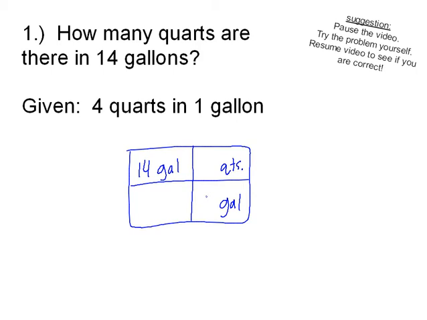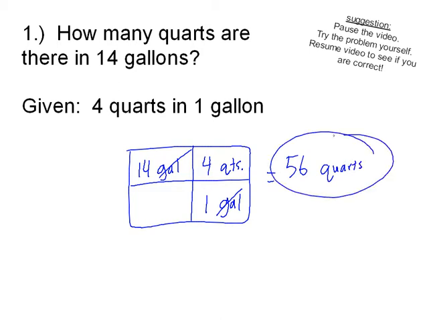What was my conversion? Well, 1 gallon gives you 4 quarts, so it turns out I can cancel out the gallons, and I'm just multiplying 14 times 4, or 56. 56 quarts are going to be in 14 gallons. It's that easy.